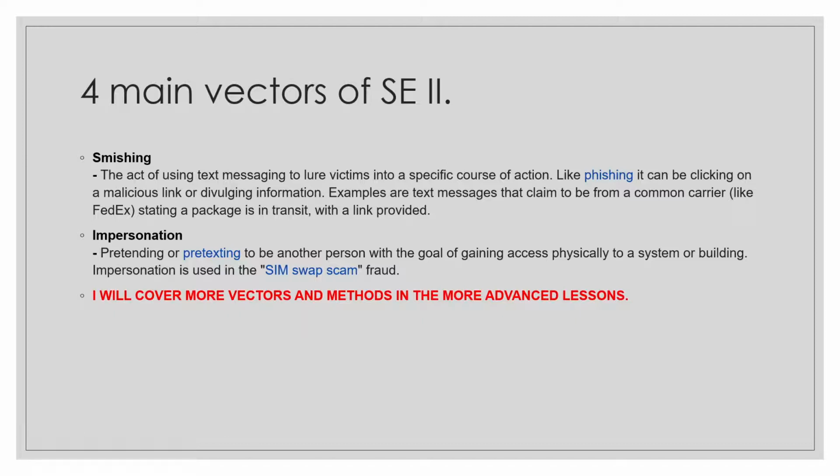Smishing is also a type of impersonation, and impersonation is the hardest one to protect against. I don't know if you have played Team Fortress 2, but there's this character called the Spy who can be anyone, who can take a random face or mask and just become that person.